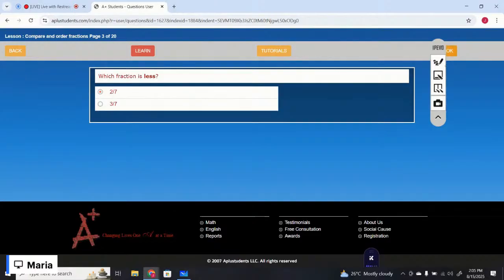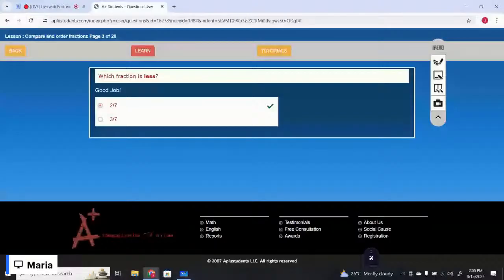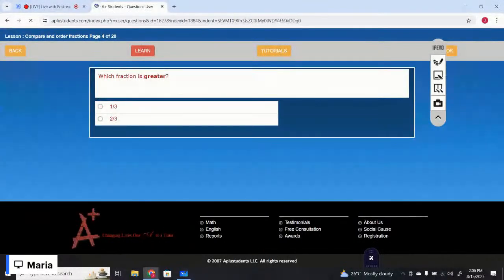Option number 1 is the correct option. Which fraction is greater? 1 by 3 and 2 by 3.